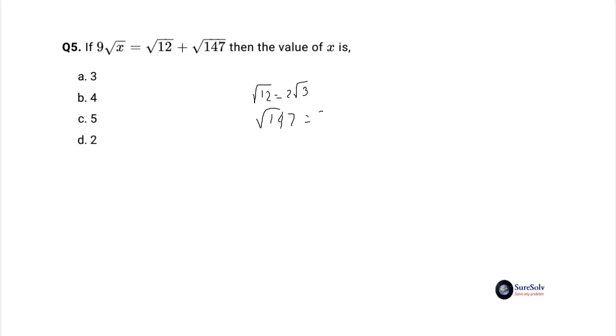Adding you get 9 root x equal to 9 root 3 or x equal to 3. Answer is option A 3. Solved in no time, but only if you discover the pattern.